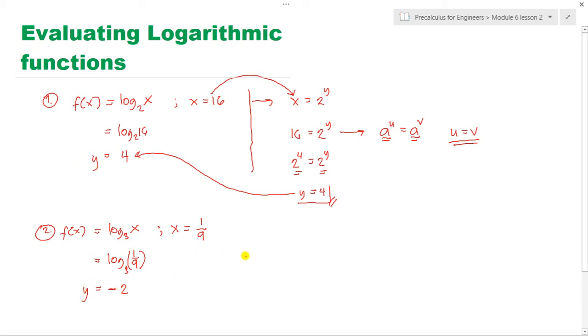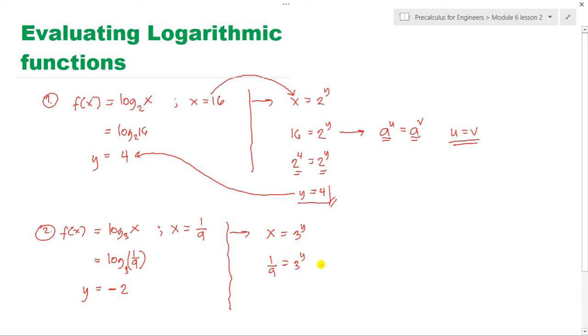Now, let's verify by solving its exponential form counterpart. That can be written as the number x is equal to the exponential form, with 3 as the base, raised to f of x or y. Here, our x is 1 over 9. Substituting, 1 over 9 is equal to 3 raised to y.